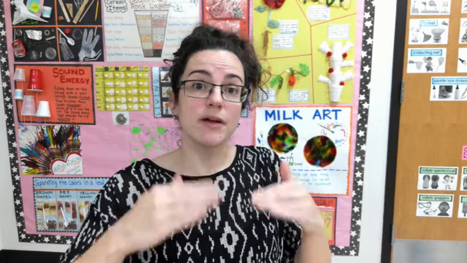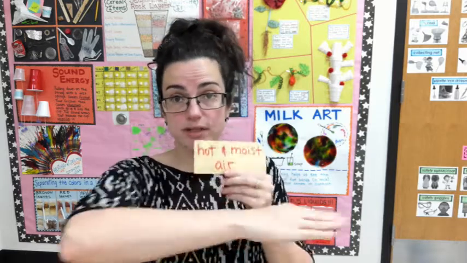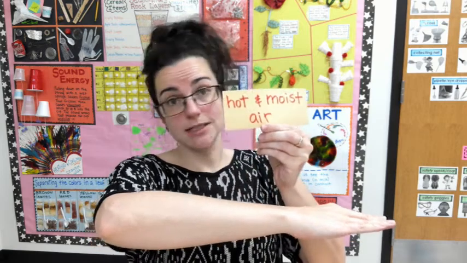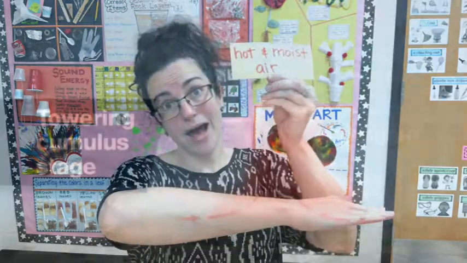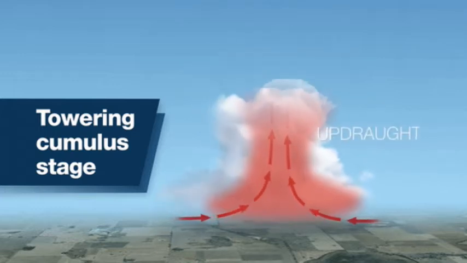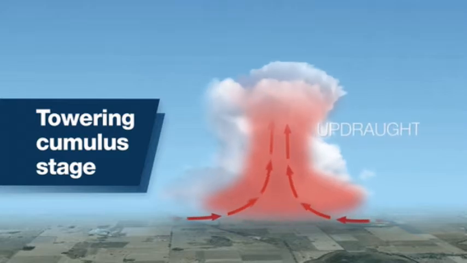And I'm about to show you again what it looks like when hot things rise and cold things sink. So with my hot, moist air above my ground, it's going to start rising up in the sky and go high into our atmosphere. And when that happens, more air is going to start filling in its place.